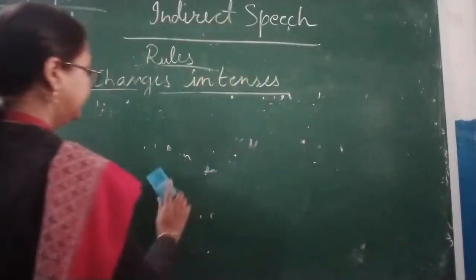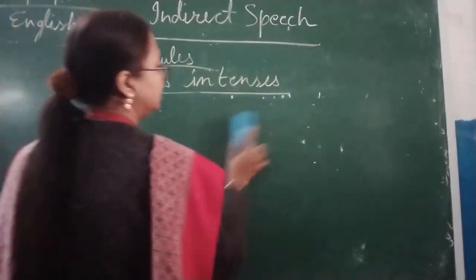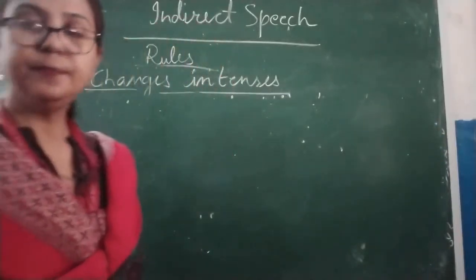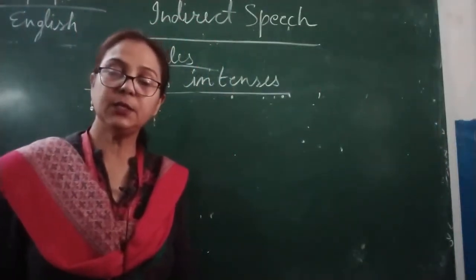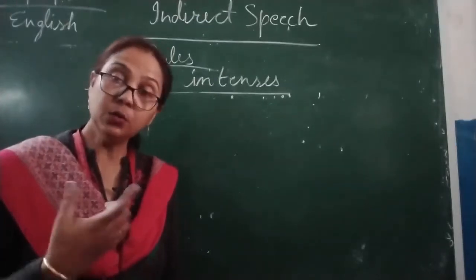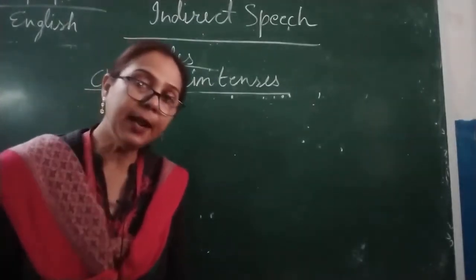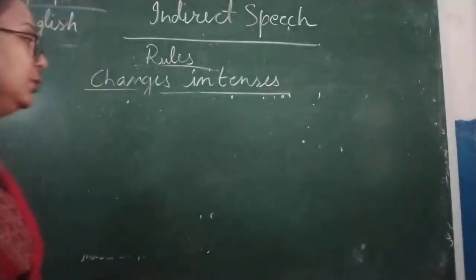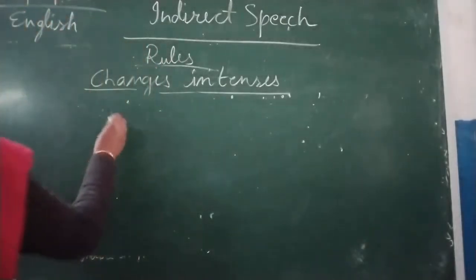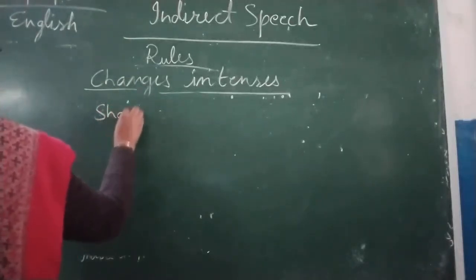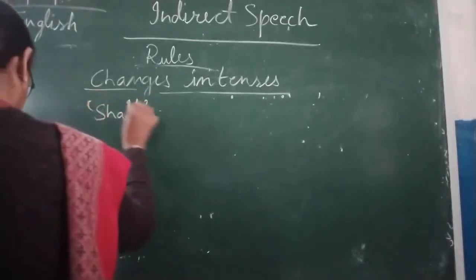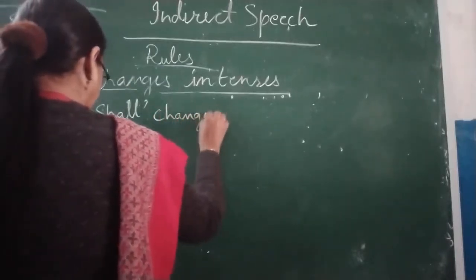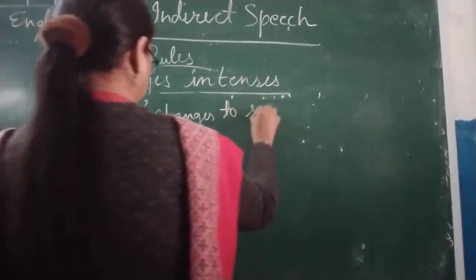Okay children. So our next rule is, when the sentence written in direct speech is using shall, in indirect speech we will write should. Okay. So now shall changes to should.